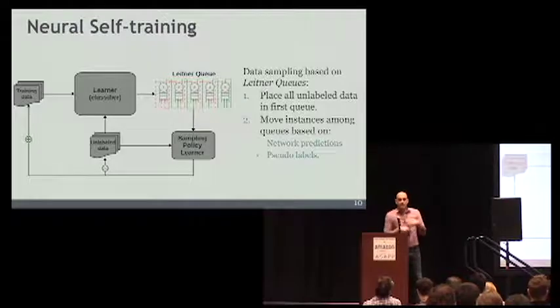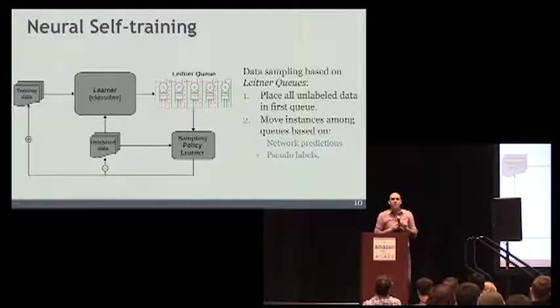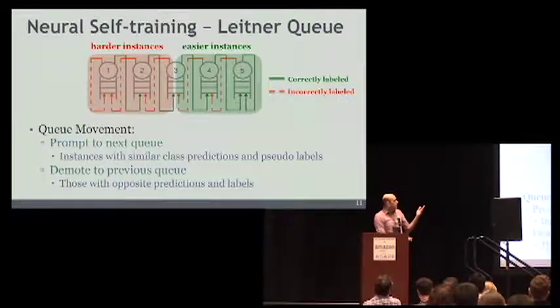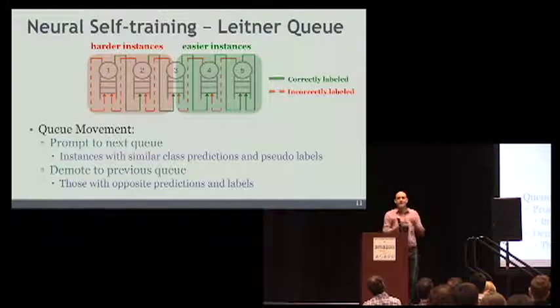During the training process, if the network is able to make a correct prediction about the pseudo label of the unlabeled instance derived from this classifier, the instance gets promoted to the higher queues, and otherwise it goes to the lower queues. And so you can imagine that eventually instances that are easier for the network to learn their pseudo labels will accumulate in the higher queues, and those that are harder will go to the lower queues.